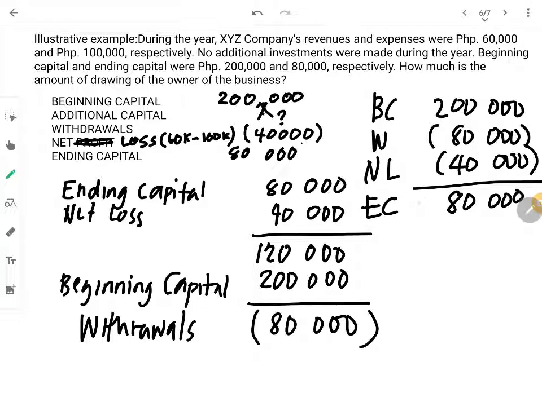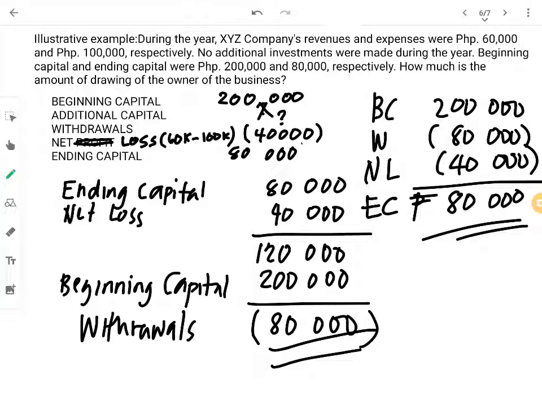So, tama siya. So, ending capital is 80,000. So, tama. So, yung withdrawals natin is 80,000. So, yun yung pagkuha ng ating withdrawals or drawing.